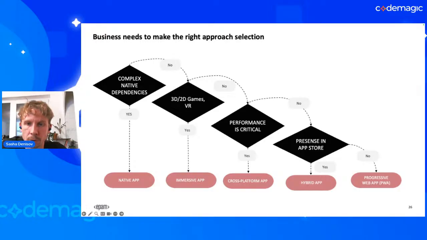If yes, let's go with Unity or something else immersive. If no, let's check further: is performance critical? If yes, let's go with a cross-platform solution. If no, maybe hybrid or PWA will be simpler. But do we need a presence in the App Store? If yes, hybrid. If no, we can go with PWA. This is the simplest approach to choose a good fit, but not the best one, in my opinion.